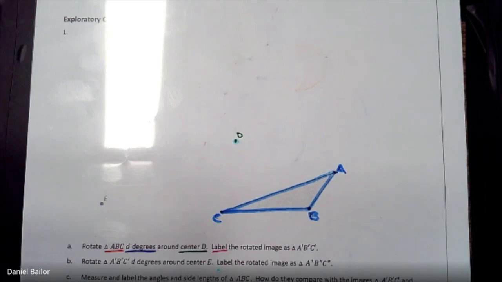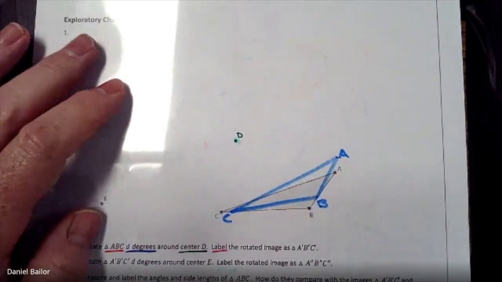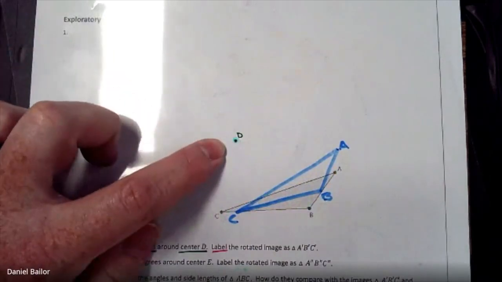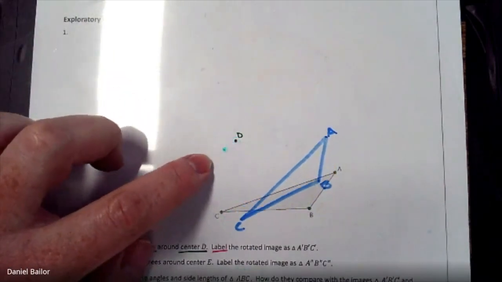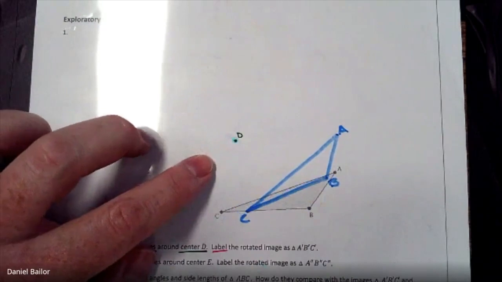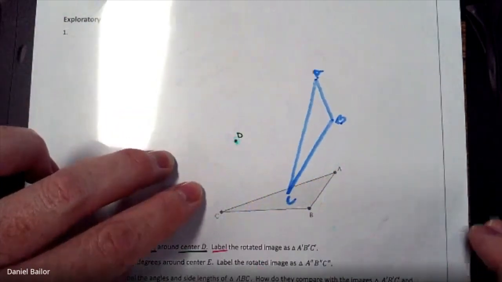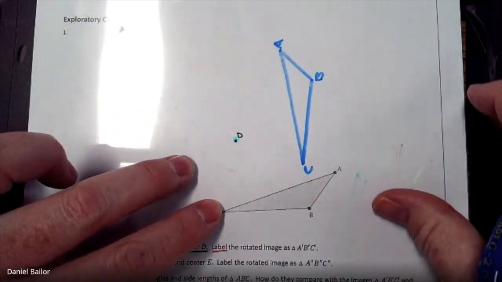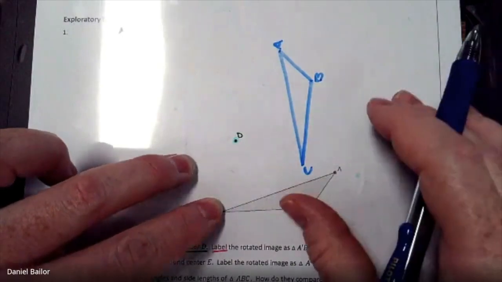Now it says rotate D degrees, so I can rotate however much I want. They did not give me that instruction. So I'm just going to start rotating. D stays in the same place, so the little green dot I made has to stay on D. But I'm going to spin, and I think I'll stop right there. That looks like a good place for me to stop.